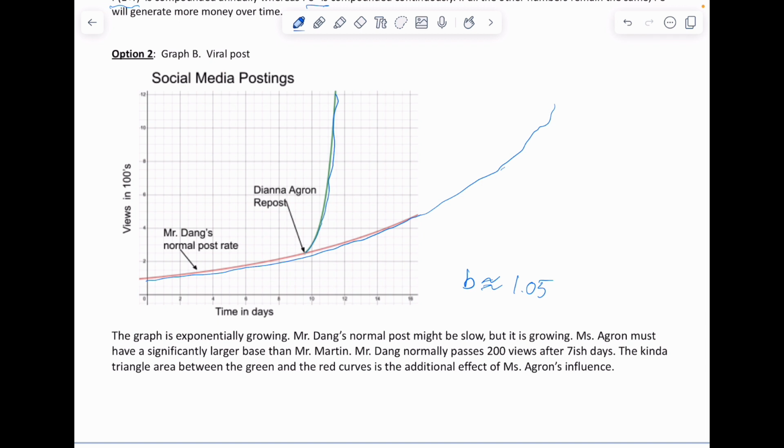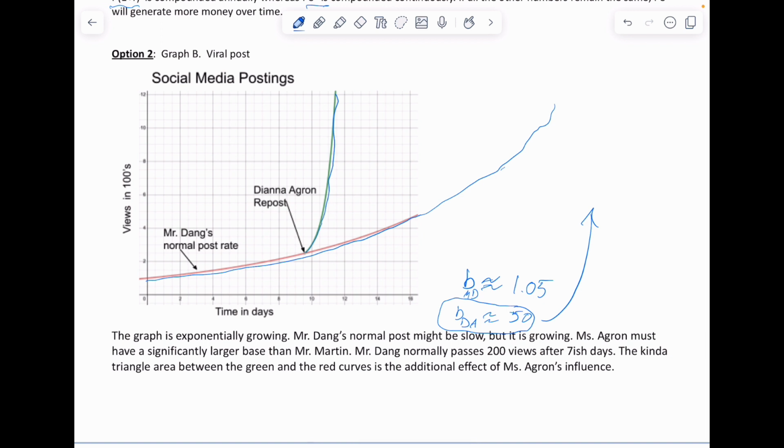But Miss Agron probably has something significantly higher, 550, I'm not sure. But with a big base, it will go to the moon very quickly.